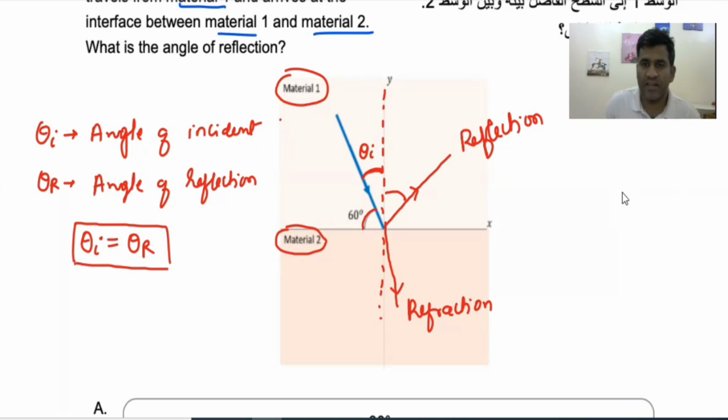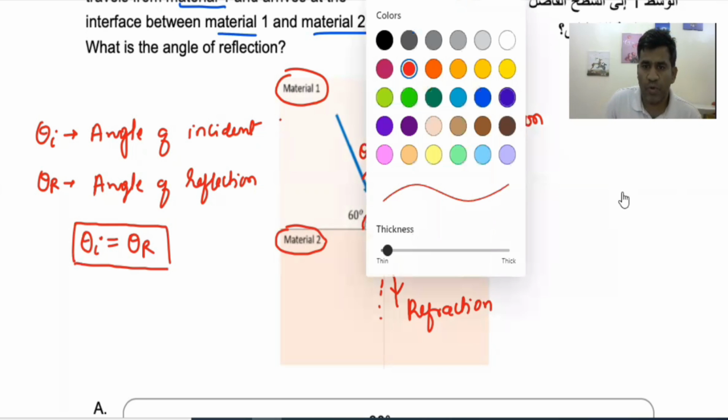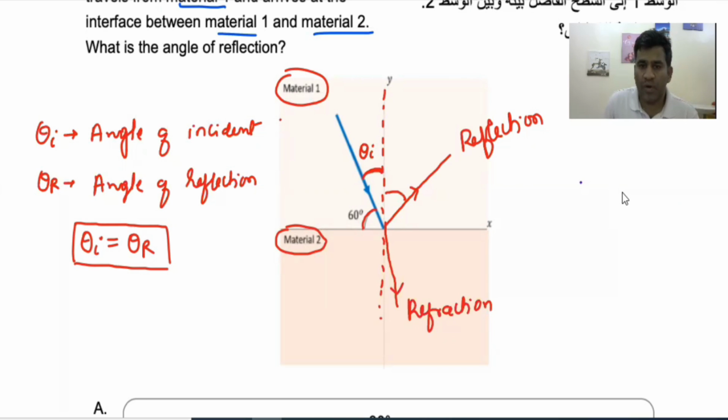So how do I calculate that incident angle now? As we know, the line you have drawn is representing the normal to the plane, or normal to the boundary. Whenever we say normal, it makes an angle of 90 degrees with the surface plane. This angle is going to be 90 degrees.